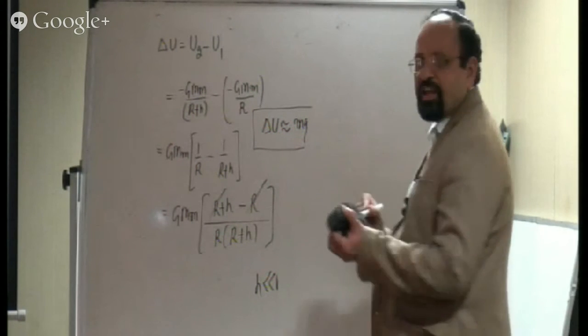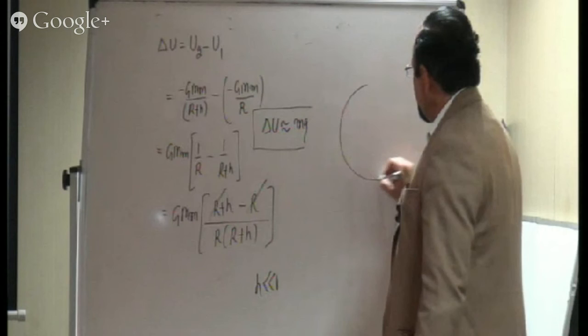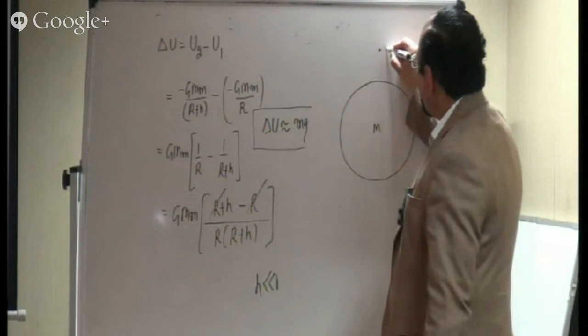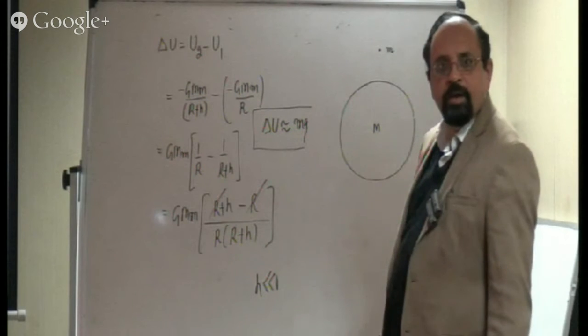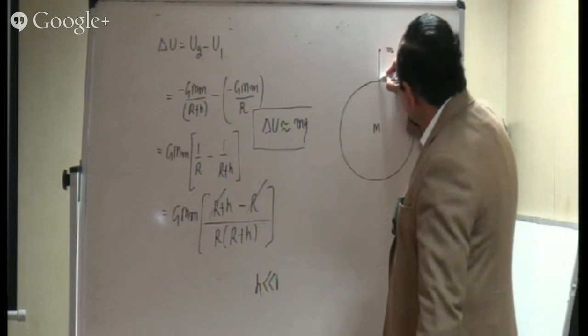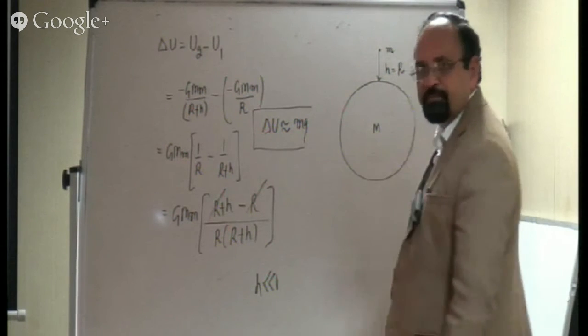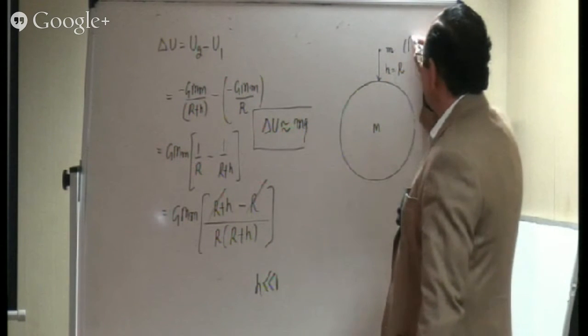Suppose there is a question like this: there is a body of mass small m dropped from a height equal to the radius of Earth, from rest.